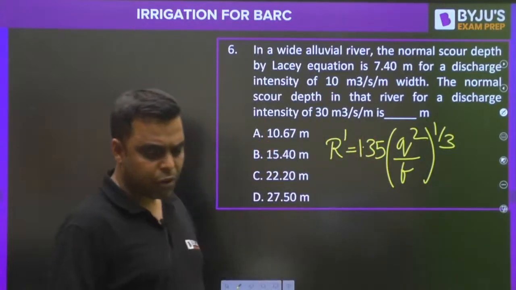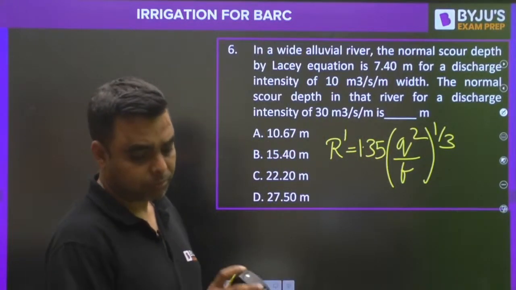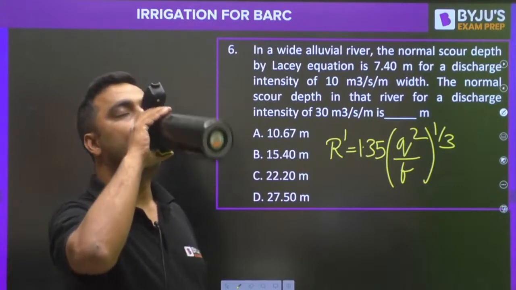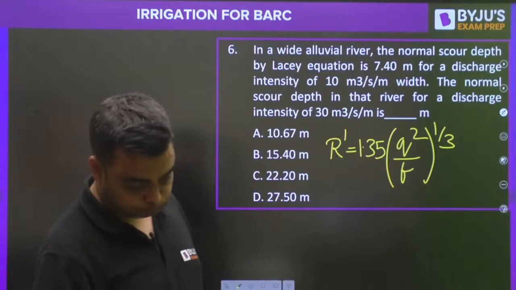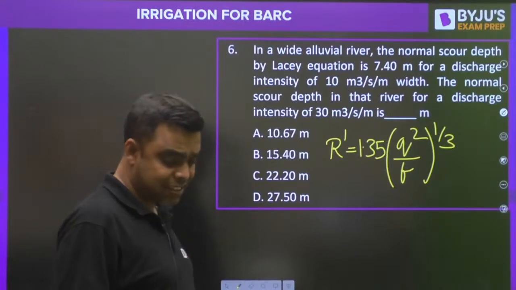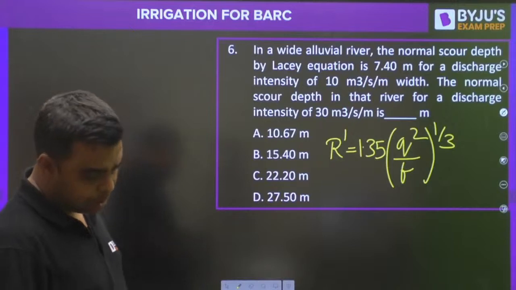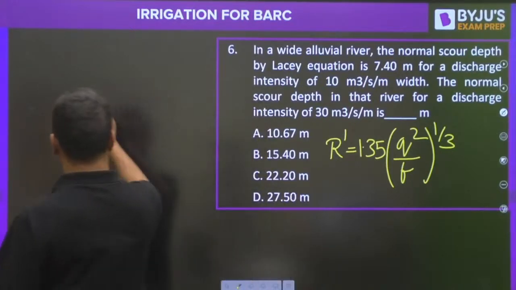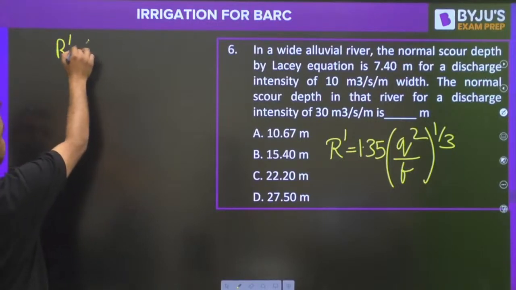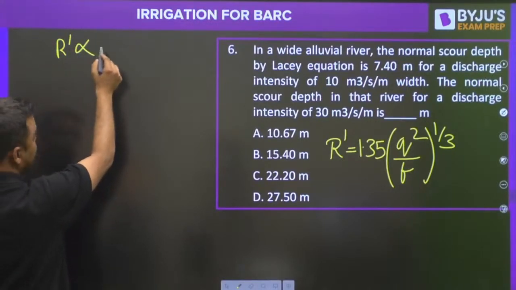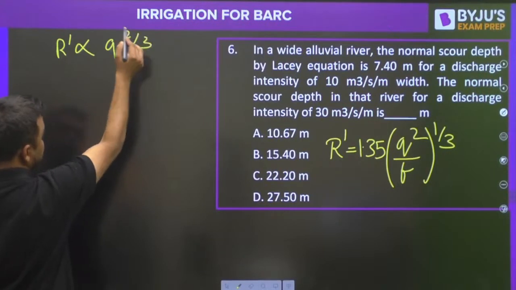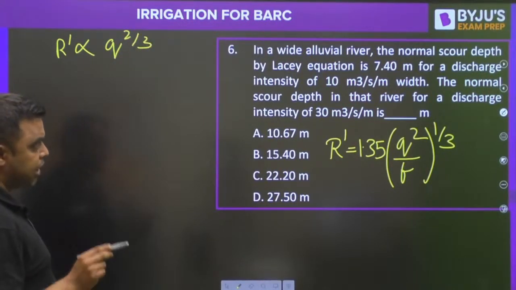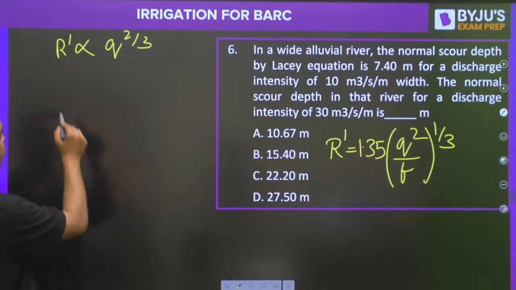Is this the formula for scouring depth? Okay, let's check. Abhishek ji, can we conclude that scouring depth is directly proportional to q to the power of 2 by 3? Right?